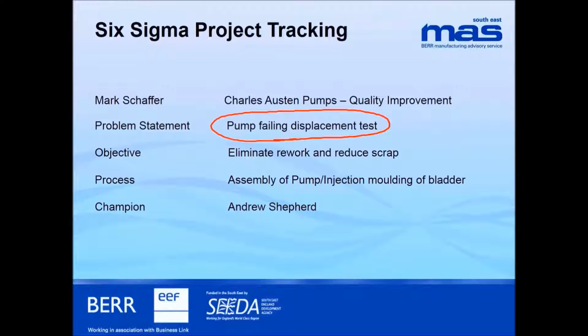And now we have to answer this question. It's failing the displacement test. Is it the assembly process that's causing the problem? Or is it the parts that are causing the problem? Because unless we can answer that question, we will go to the wrong place to try and look for answers.